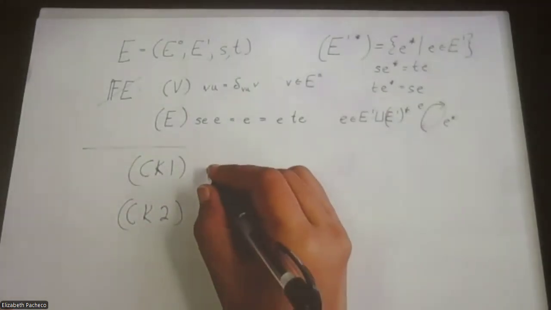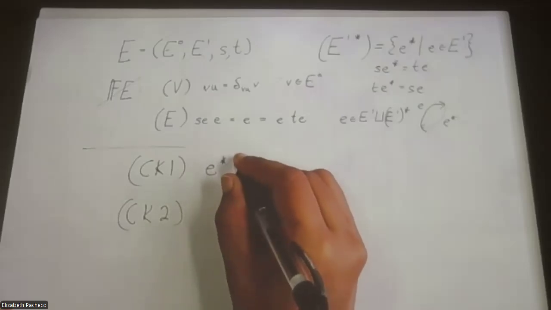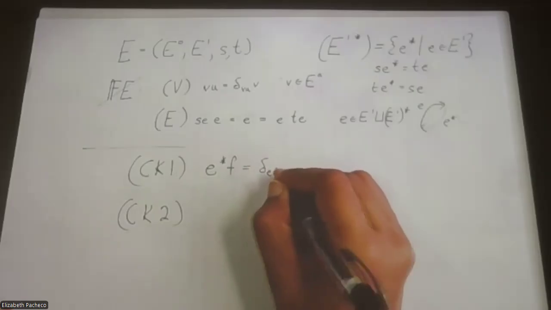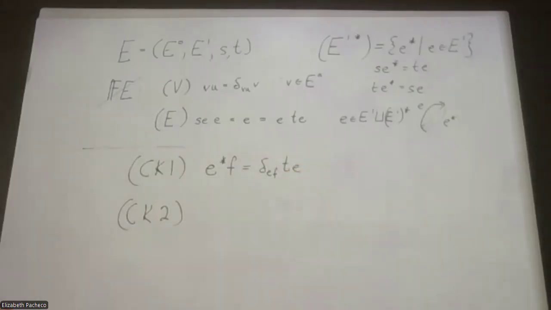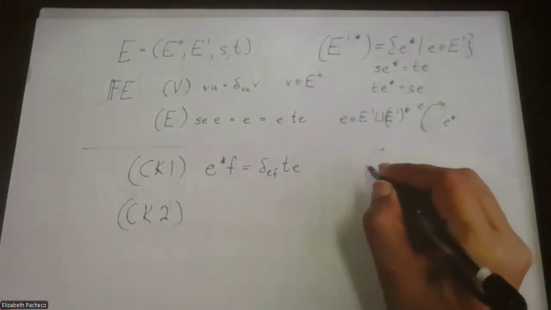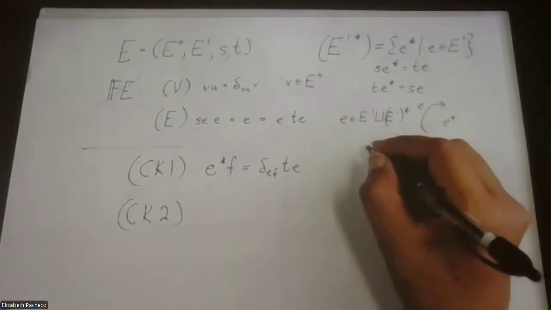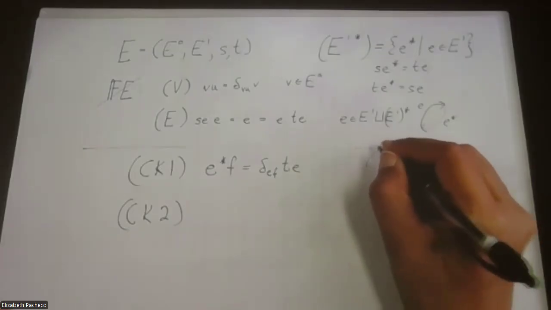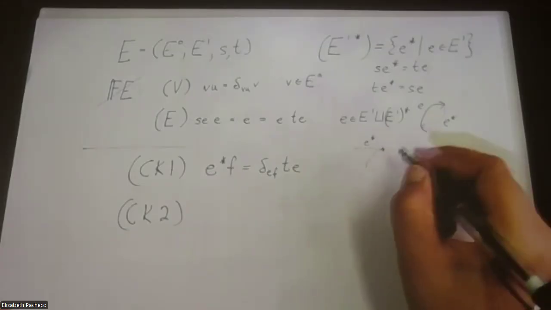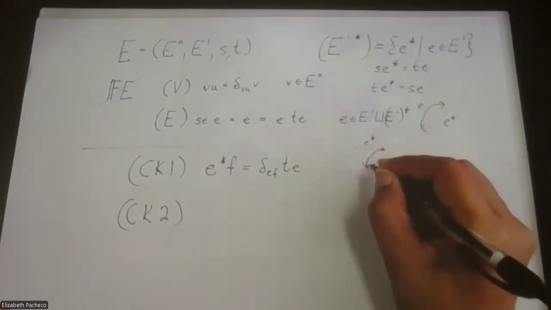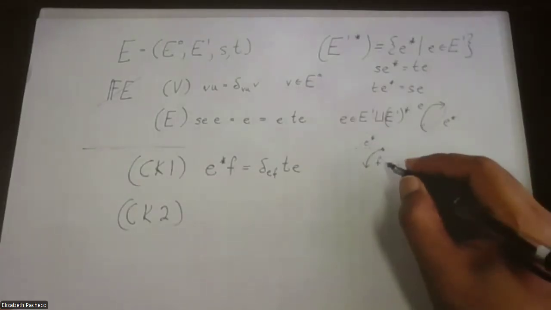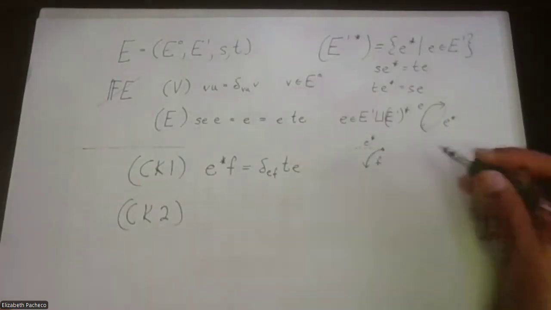So Cuntz-Krieger 1 is E star F equals delta E F, target of E, which means that if you go by a dual arrow, E star, and then you go by F, if E is not equal to F, then death.